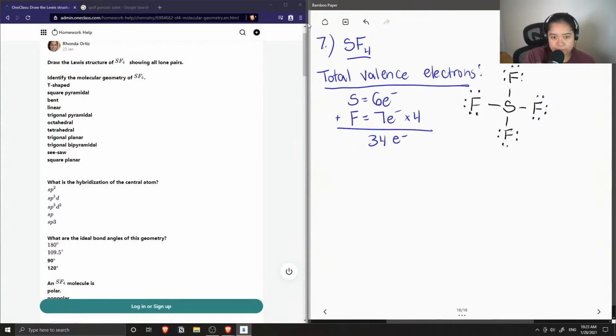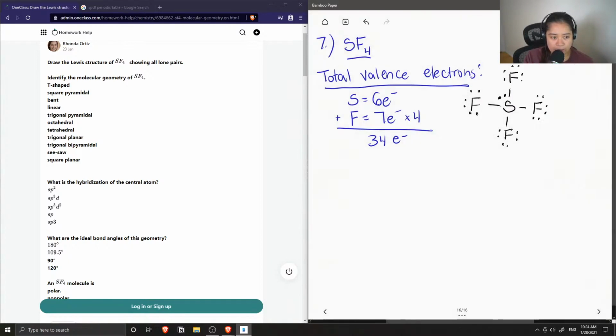If we count how many electrons I have so far, we have 2 electrons participating in each bond, and we have 4 bonds. And we also have 6 non-bonding electrons on each fluorine atom. So we only have 32 out of the 34 electrons drawn. For the remaining 2, I'm just going to add them as a lone pair on the central sulfur atom. So this gives us our final Lewis structure.